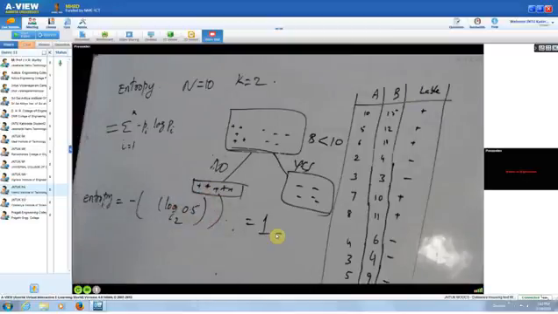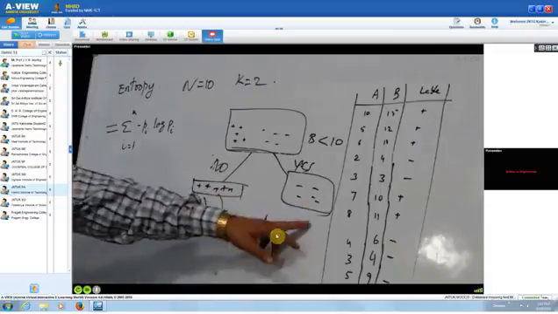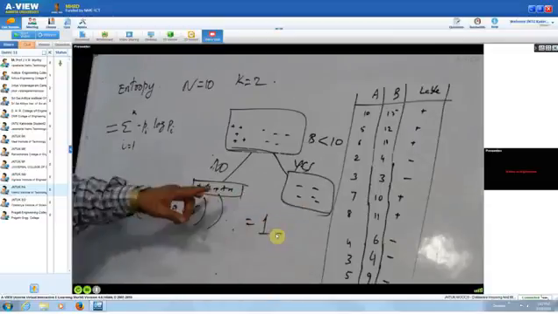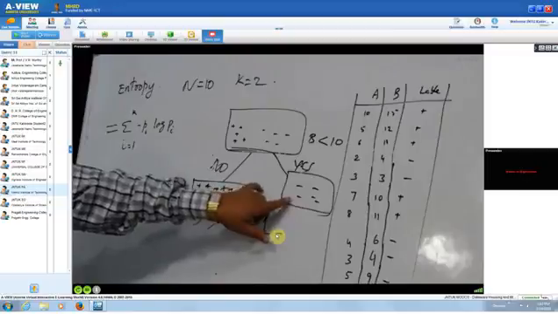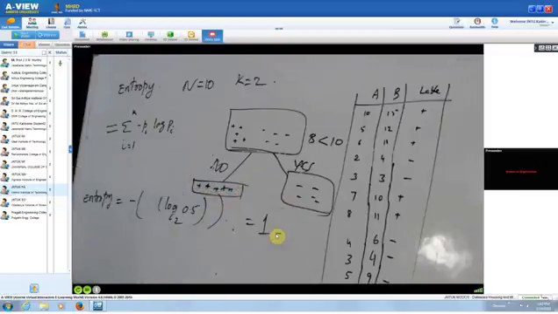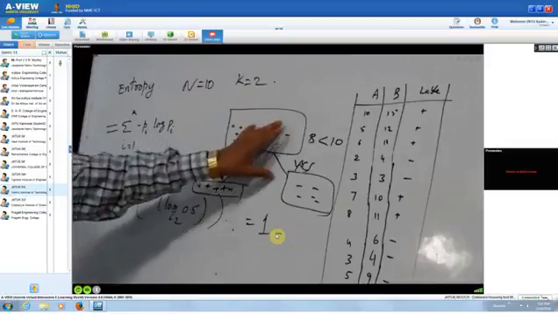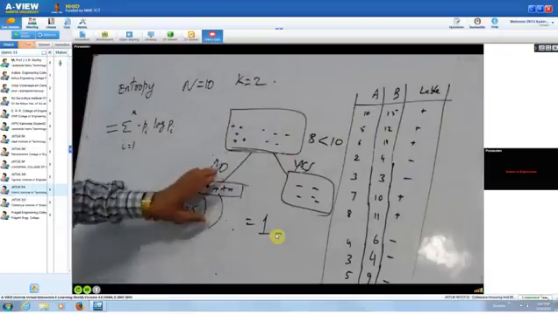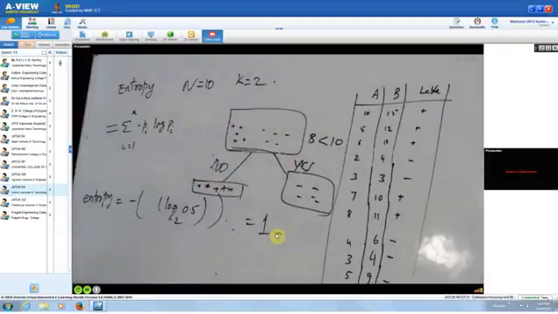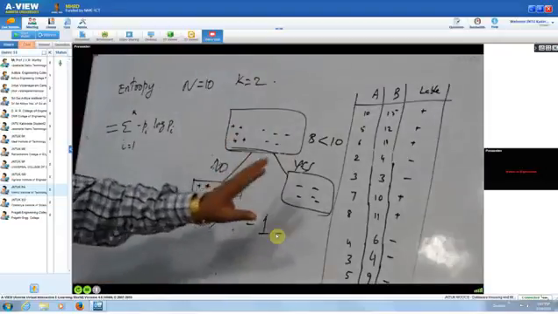Same case for the minus. So what is the total entropy of both the splits? 0 plus 0 is 0. So the maximum entropy of 1 is reduced to 0.